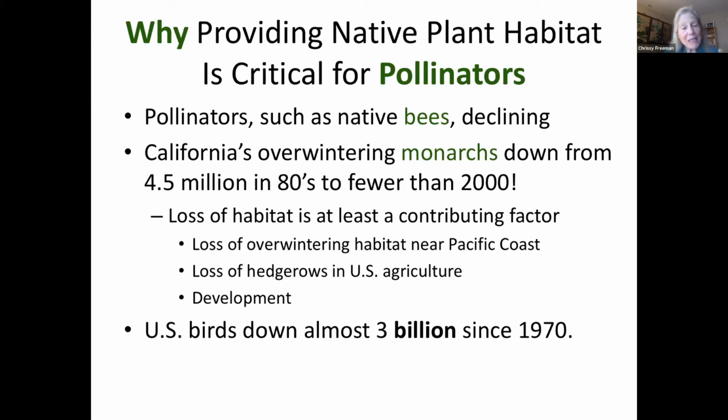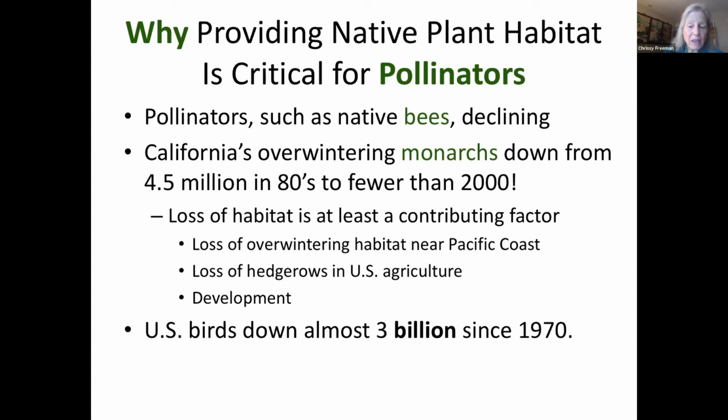But the native bee populations are declining. Exposure to pesticides, particularly a kind called neonicotinoids, is a major factor associated with bee declines. The largest cause, however, of bee habitat loss is agricultural intensification, but drought, wildfire, and development are also notable factors.